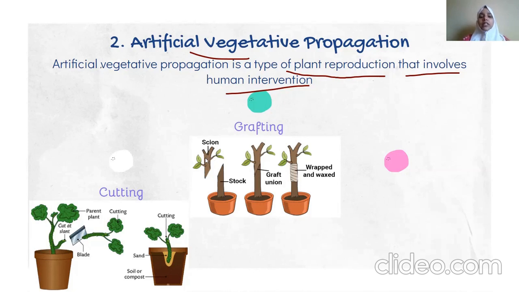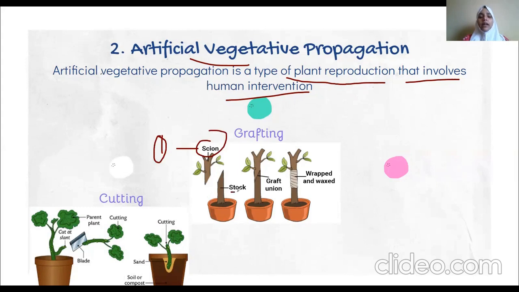So there is something known as stock and scion. The upper part is known as the scion. This you take from plant one, let's say, and the lower part you take from plant two, and you join the two, and you wrap either a plastic film or a thin white cotton cloth, and you apply some sort of glue material, wax, for them to be held in one place.